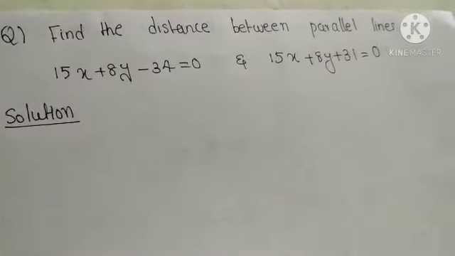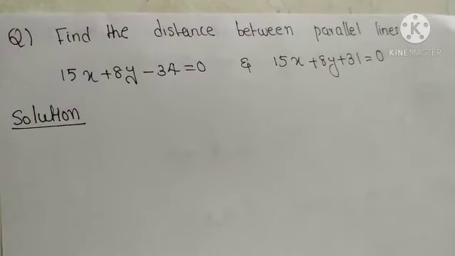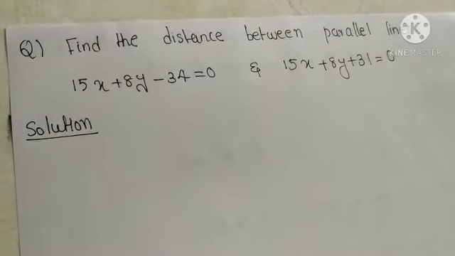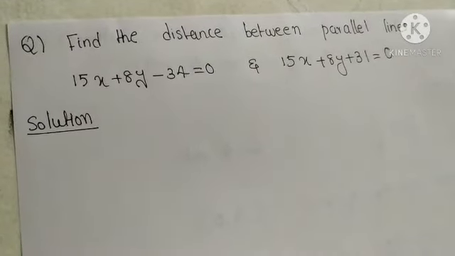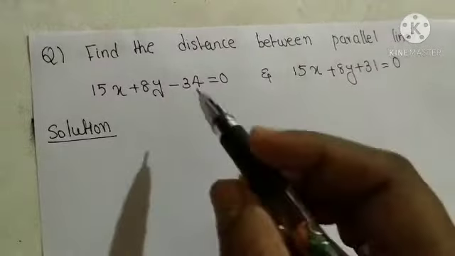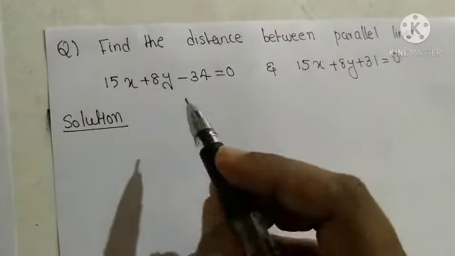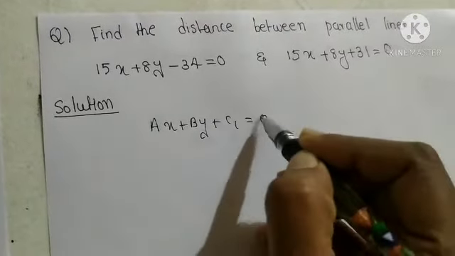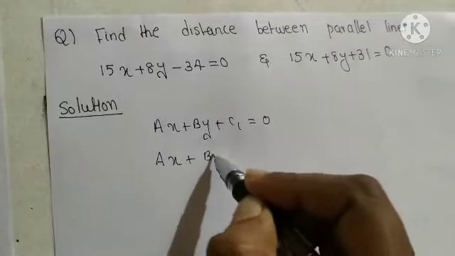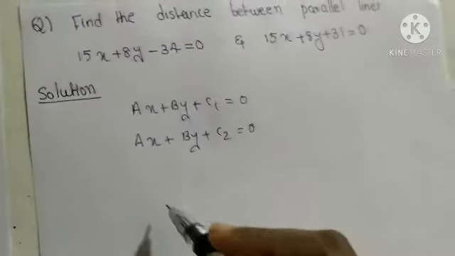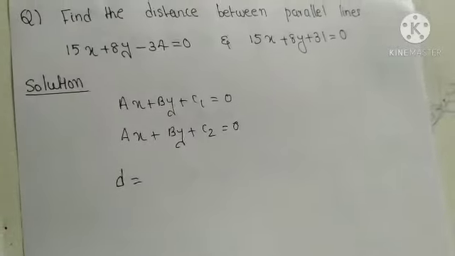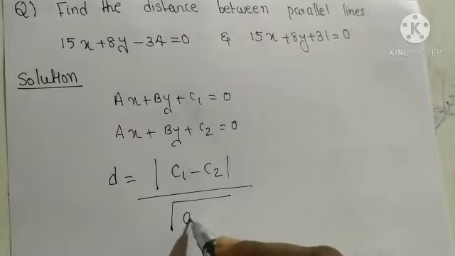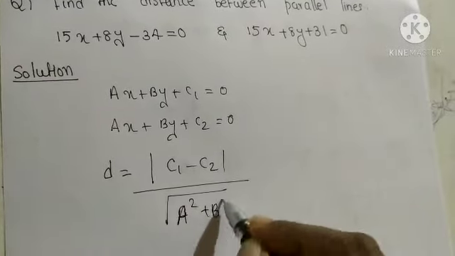This is our next question. Find the distance between parallel lines 15x plus 8y minus 34 equal to 0 and 15x plus 8y plus 31 equal to 0. Okay, and we know that the distance between two parallel lines ax plus by plus c1 equal to 0, ax plus by plus c2 equal to 0 is d equal to mod c1 minus c2 divided by root of a square plus b square, right?